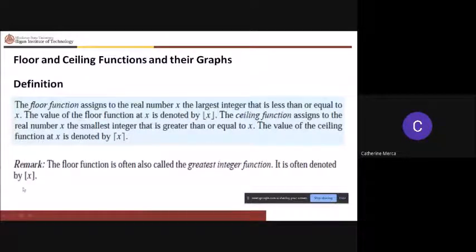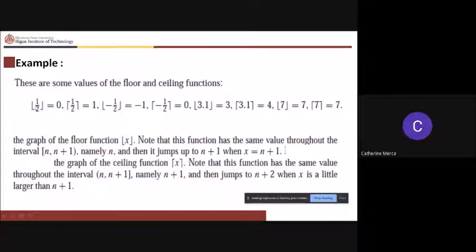So, the floor function is also called the greatest integer function because of this definition. Okay, let's see. Example. What is the floor function of 1/2? Unsa man ang tapad sa 1/2? Ang 1/2, if we have this, na kay 0 diha, then 1/2 dayon, then 1. Unsa nga integer man ang pag floor, less than or equal to, di ba?